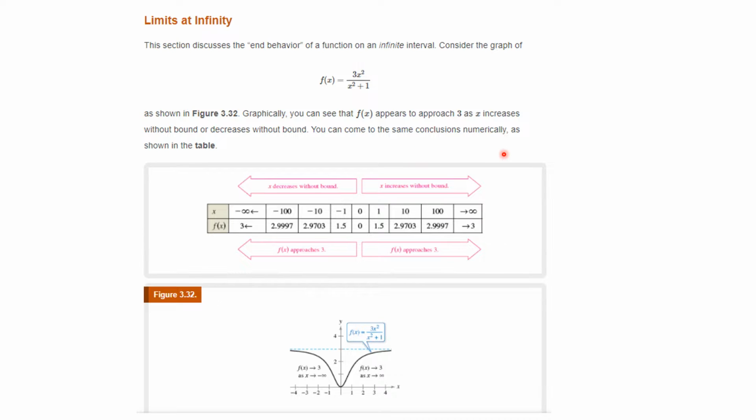You can come to the same conclusions numerically, as shown in the table. Here we're picking values of x that are bigger and bigger and bigger, and smaller and smaller and smaller, larger in absolute value in the negative sense. And in both cases, you can see the numbers get closer and closer to 3.